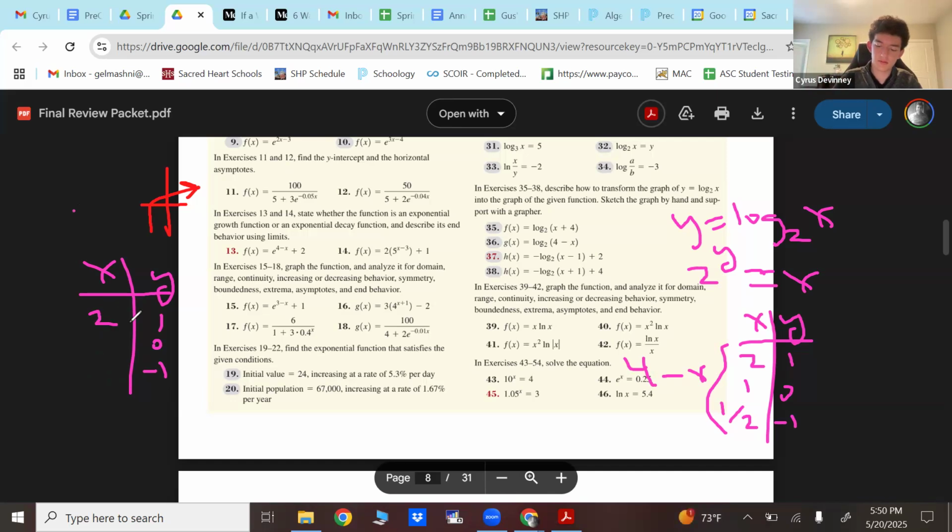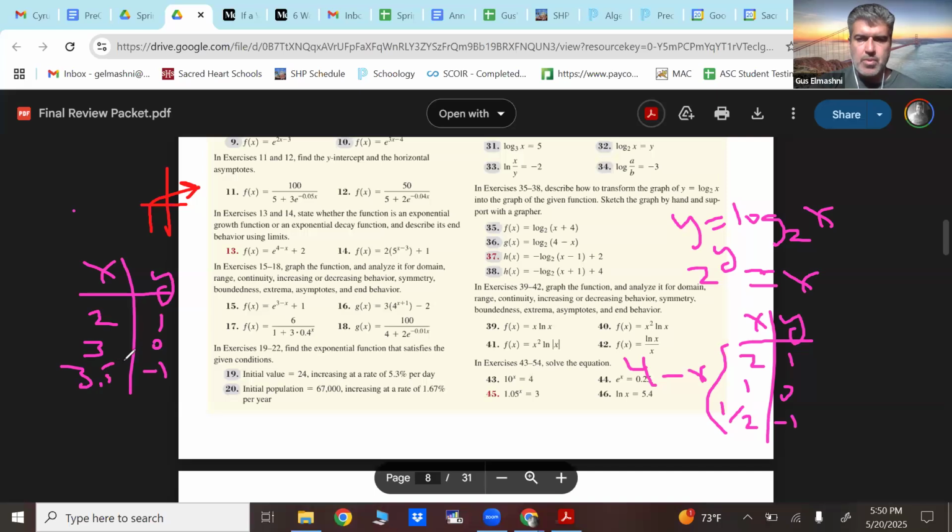Because essentially what you're doing is taking away 4 and then multiplying by -1. Or actually multiply by -1, then adding 4. Well, same thing. But if you do it correctly, you set 4 minus x equal to each of those x coordinates to solve for x in each case.